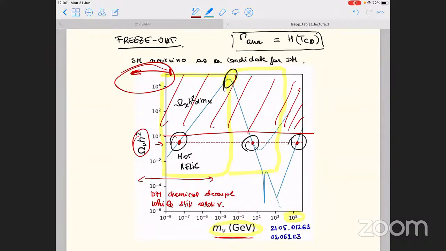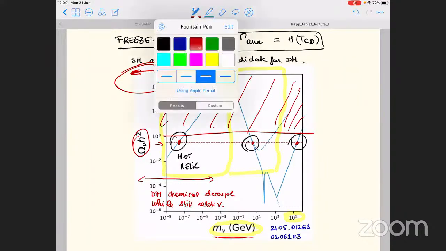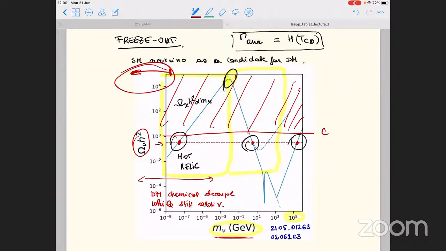Exactly, you will overclose the universe. So I can draw the line, which is essentially the Cowsik-McClelland bound, the one I drew before.